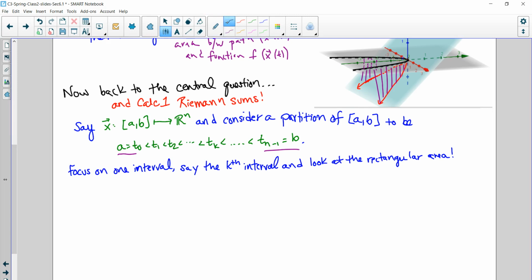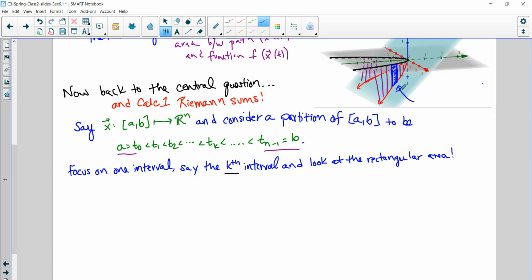All right, we're going to pick some interval k. Let's say for our purposes here, I'm going to pick this blue interval and focus on that one. I'm going to call that the kth interval, and I'm going to look at making a rectangular area.